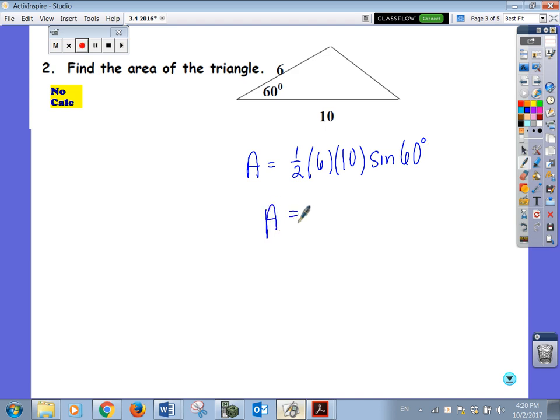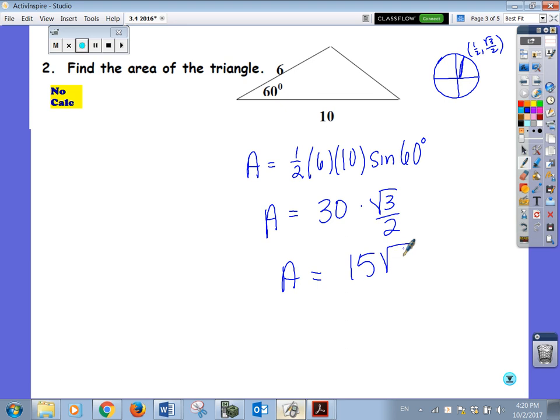So our area is 1/2 of 6 is 3 times 10 is 30 times the sine of 60 degrees. Again, your unit circle. Here's 60 degrees up here. That's the point 1/2, comma, root 3 over 2. So sine is going to be root 3 over 2. So the area of this is 15 root 3.